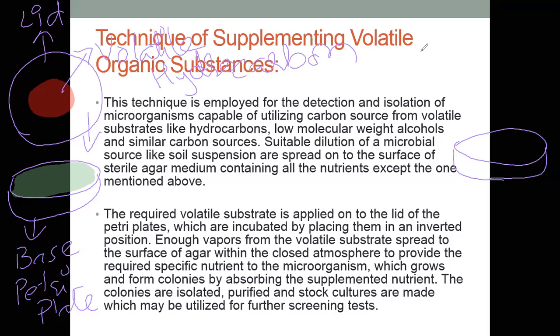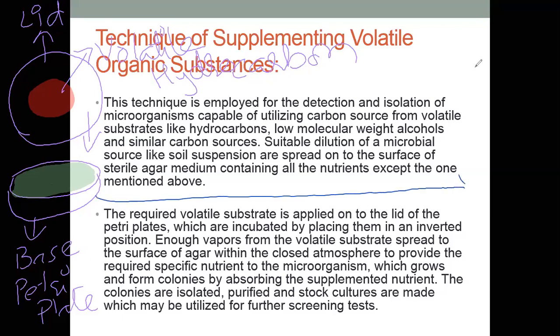And you people already know that we usually keep the Petri plate in an inverted position, right? So what you're going to do next, you're going to place the Petri plate. Oh, there's something not right with the way I'm drawing. So let's say this is the Petri plate, like this, and this is the cover of the Petri plate, and you have placed the Petri plate in an inverted position, right?